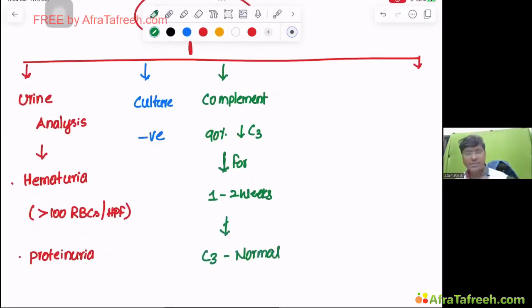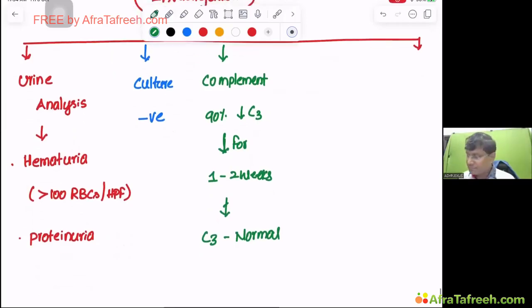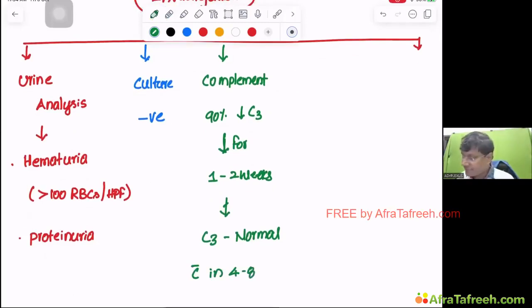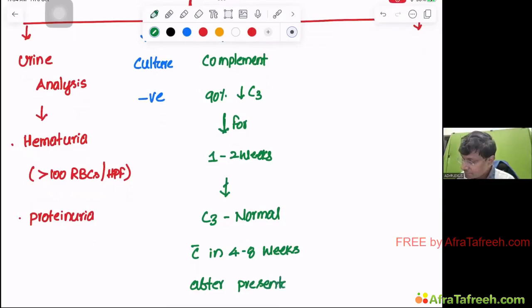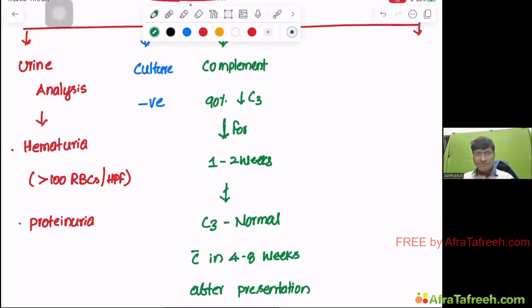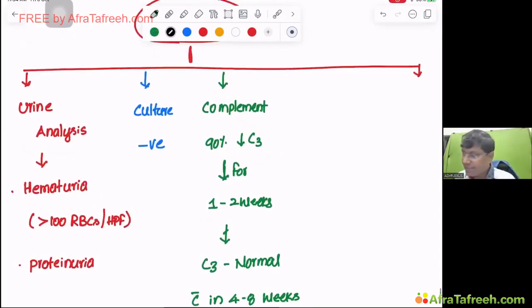Within how many days will the complement return back to normal? That is within 4 to 8 weeks after presentation. Four to 8 weeks after presentation, the complement levels will return back to normal. And what will happen to the serum creatinine levels? The serum creatinine levels are elevated.